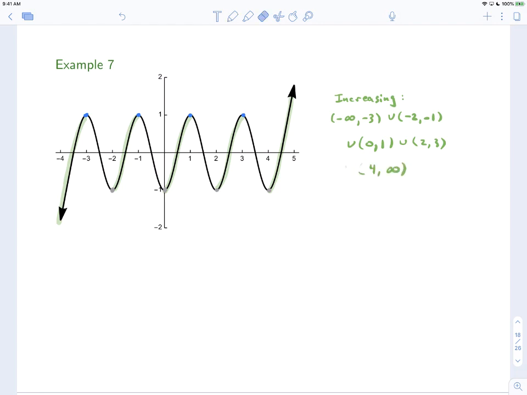My pen seems to be dying on me here, so let's just do it like that. So that's increasing, and let's change the color for decreasing.